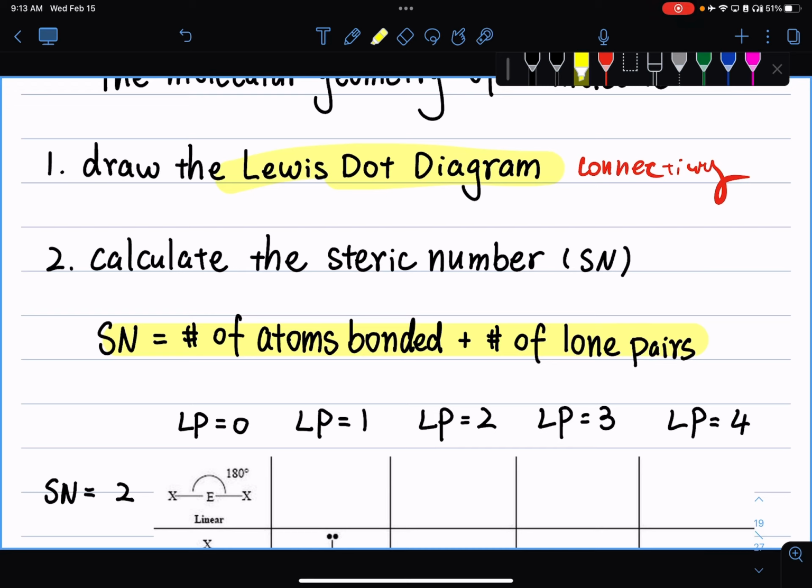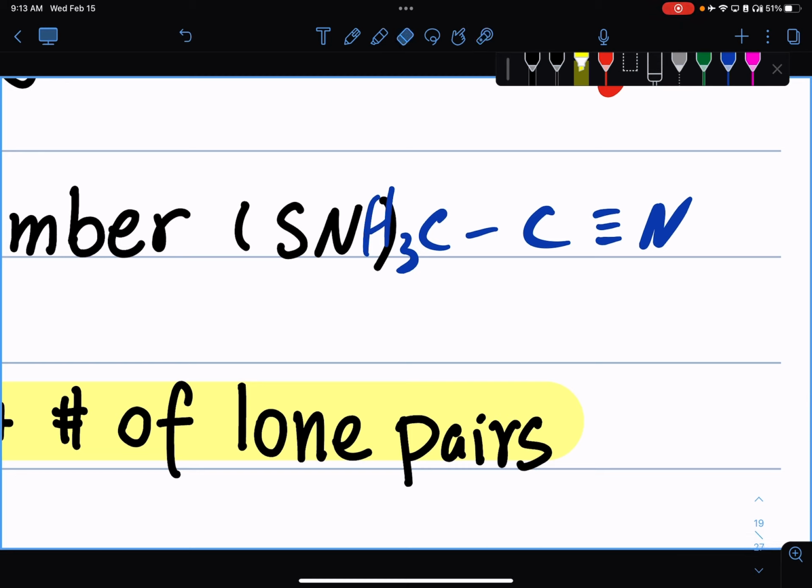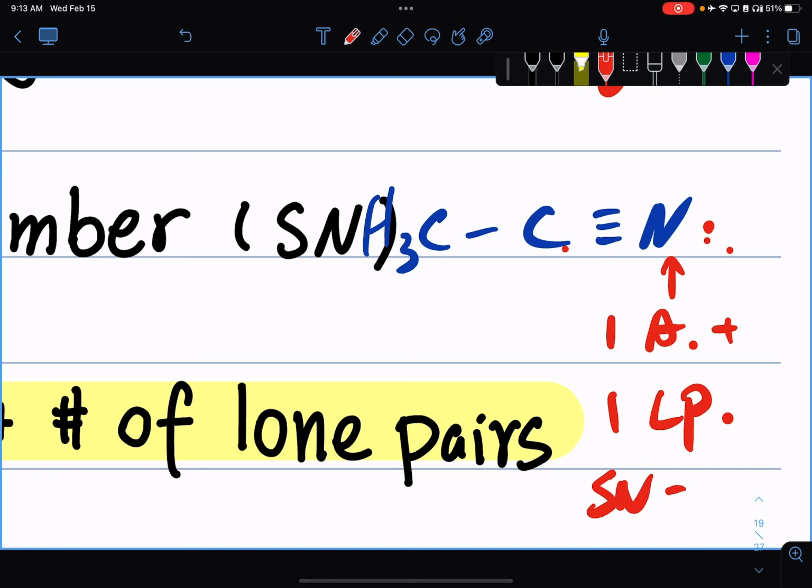So for example, if we have acetonitrile, let me just zoom it out. Surrounding that nitrogen, we have 2 things, right? We have 1 carbon atom and 1 lone pair. So 1 atom plus 1 lone pair, so the steric number equals 2.